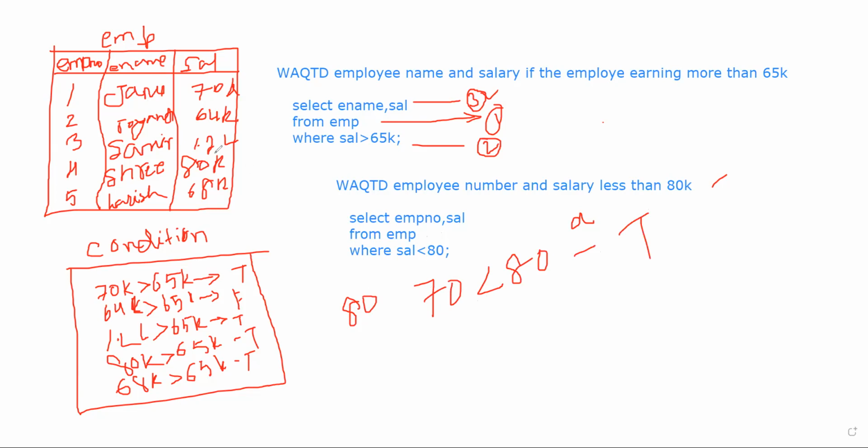Then 64K less than 80K: true. Then 1.2 LPA less than 80K: condition false. Then 80K less than 80K: is this true or false? This is also false.